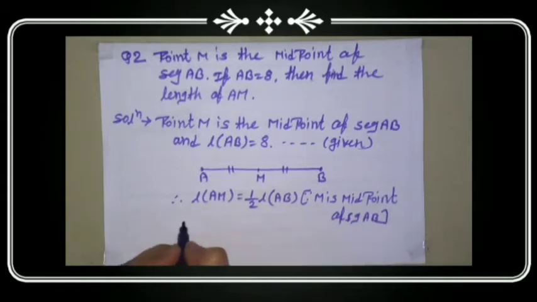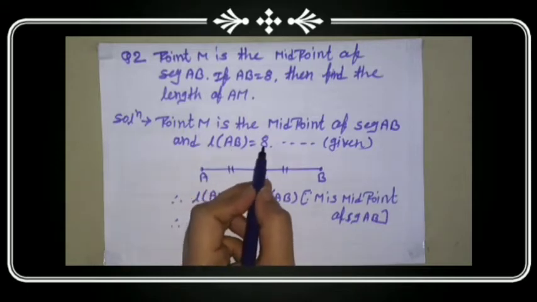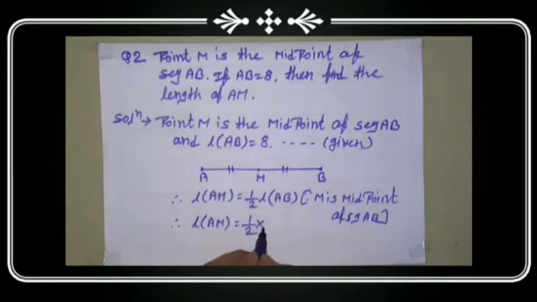Length of segment AM equal to half into length of segment AB equal to 8. Therefore 1 by 2 into 8. 2 ones are 2, 2 fours are 8. Length of segment AM equal to 4. Answer.